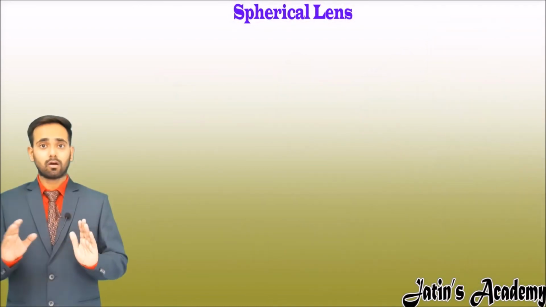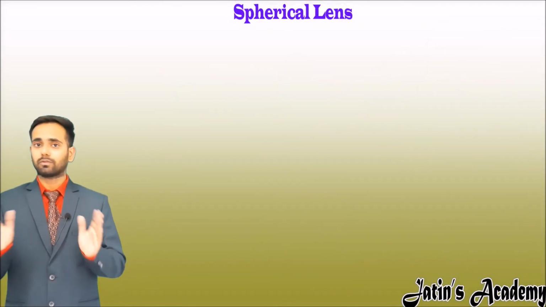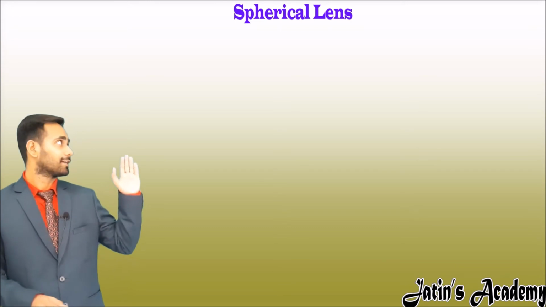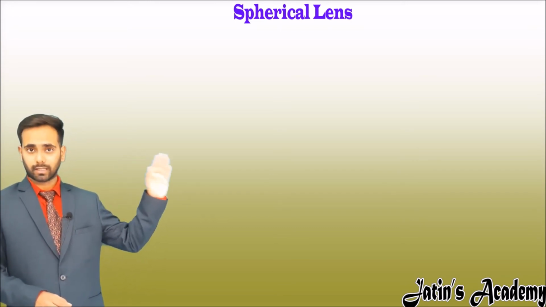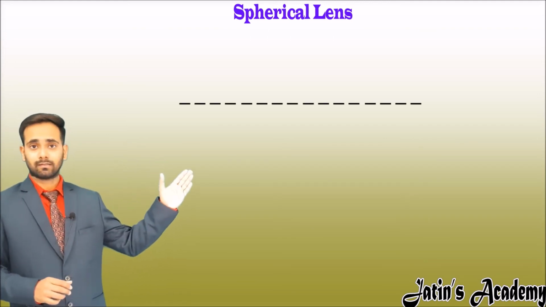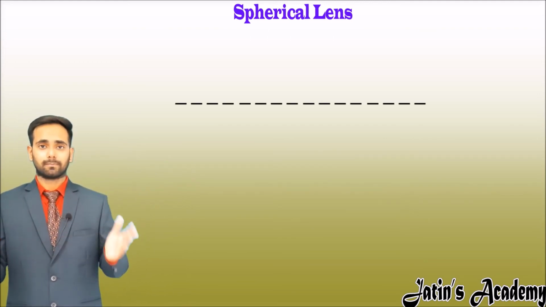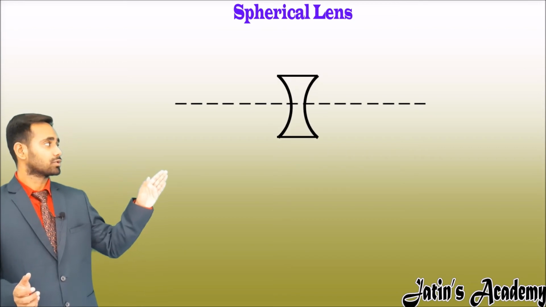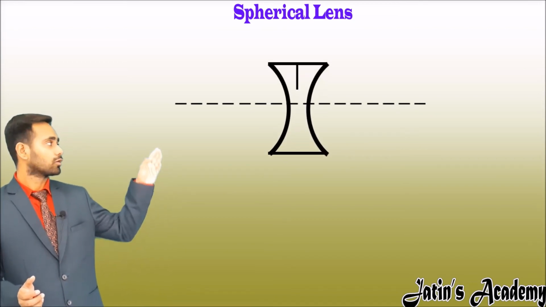We have completed all ray diagrams related to the convex lens. Now start the ray diagrams related to the concave lens. First of all, we have to make a straight line like this. This line is nothing but our principal axis. Now make a rough sketch of the concave lens. Now draw the aperture.